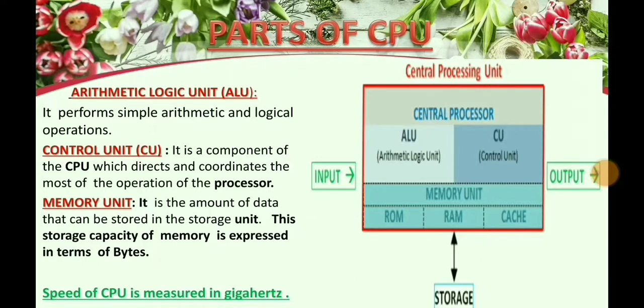For example, if you want to take the printout from the printer and you turn it on, then who will give the instruction to the printer that first you have to take the page in, then type the text, then write the text on it, print it and give it back. This instruction is given to the printer by CU, that is control unit.